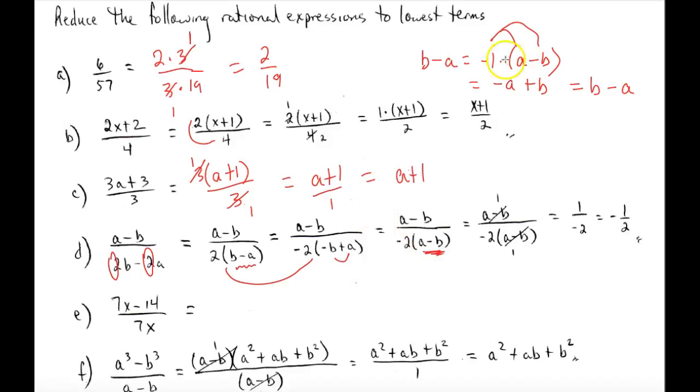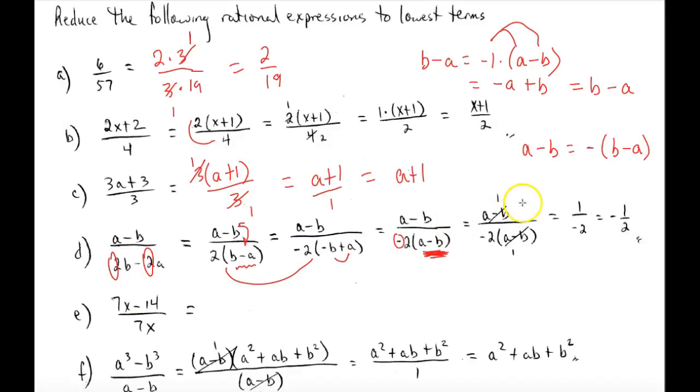Just like how I said b minus a is the same thing as a negative a minus b, similarly, we know that this is the same thing as a negative b minus a. My whole point is that these two expressions are just opposites of each other. So we've rewritten this particular expression in the denominator to match up, saying the negative of a minus b.